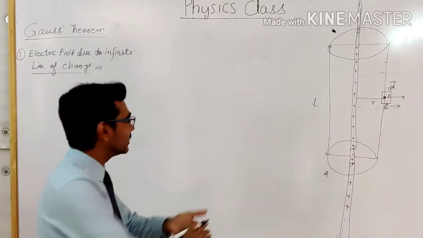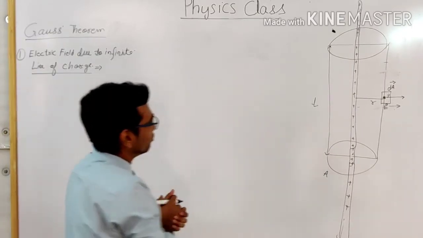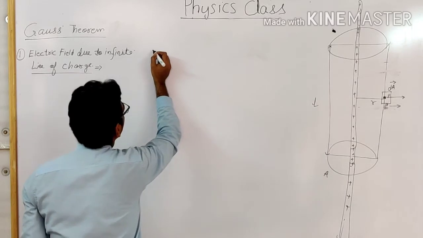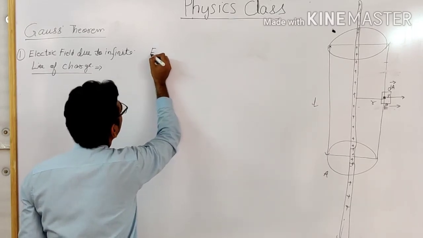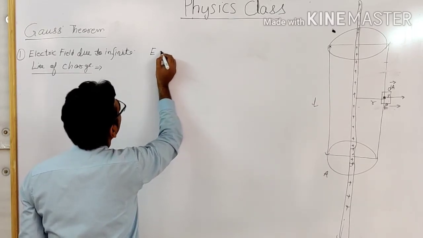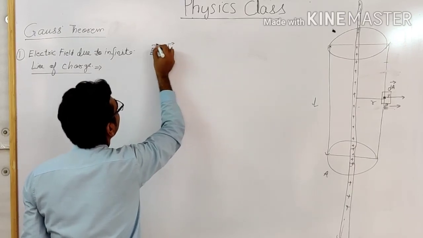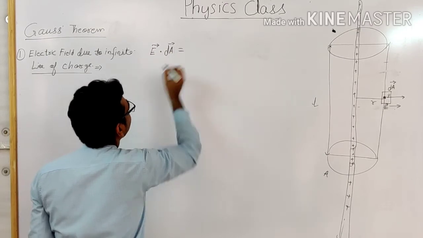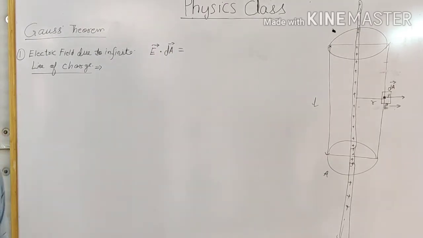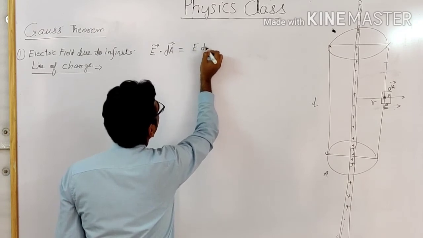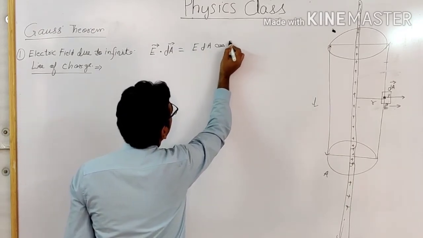Got it? Now let's apply our Gauss theorem for this. Okay, what we will get? Gauss theorem, apply E dot dA. E dot dA is equal to what? E dA cos theta.